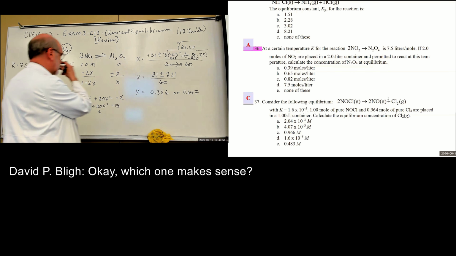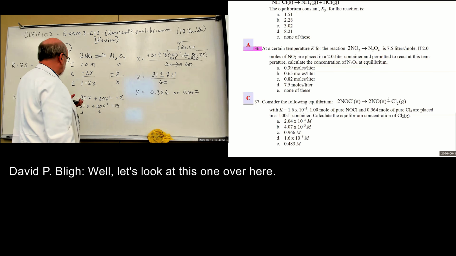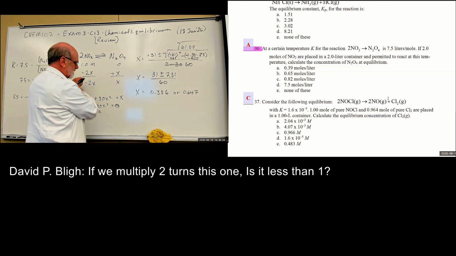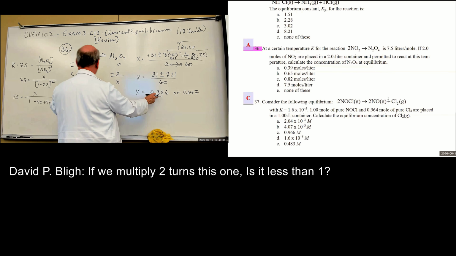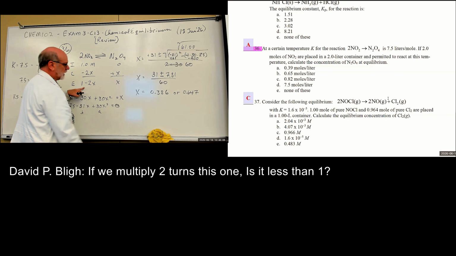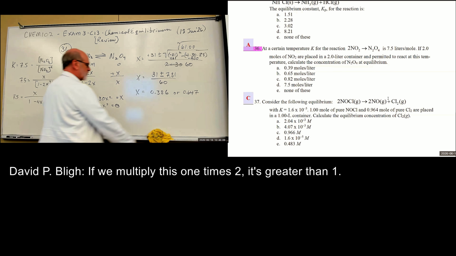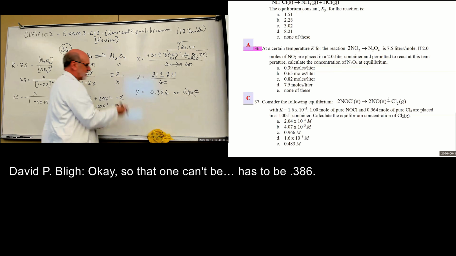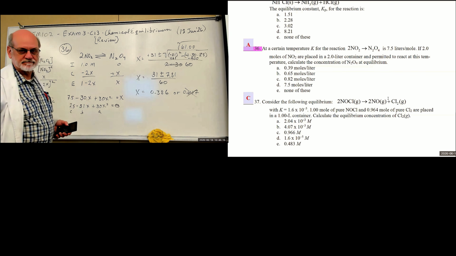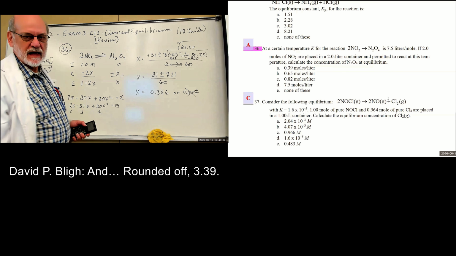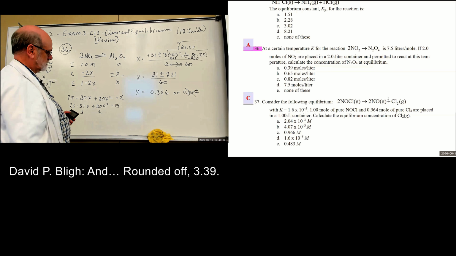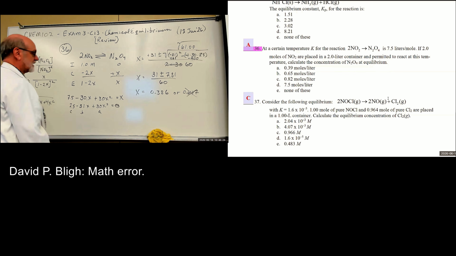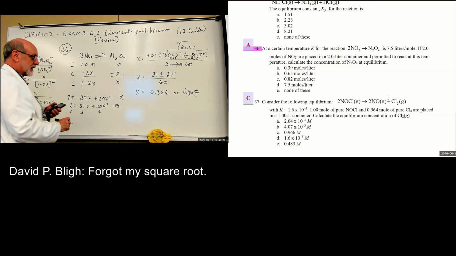Okay, which one makes sense? Well, let's look at this one over here. If we multiply 2 times this one, is it less than 1? Yeah. If we multiply this one times 2, it's greater than 1. Okay. So that one can't be. Has to be 0.386. And rounded off, 3.39. Okay. Math error. Forgot my square root.